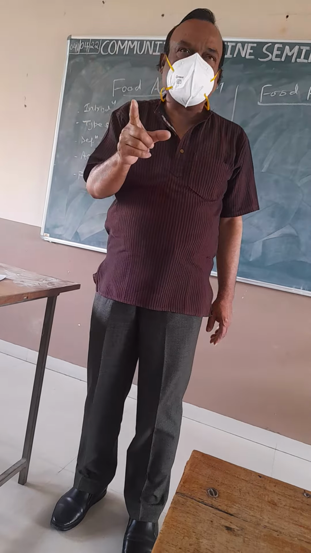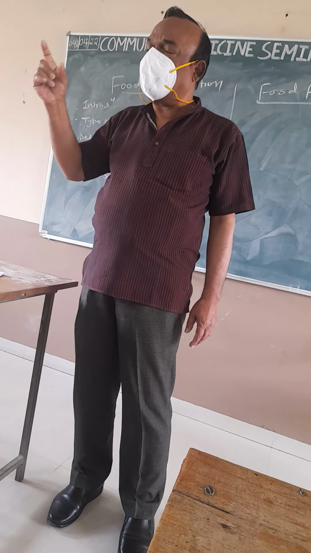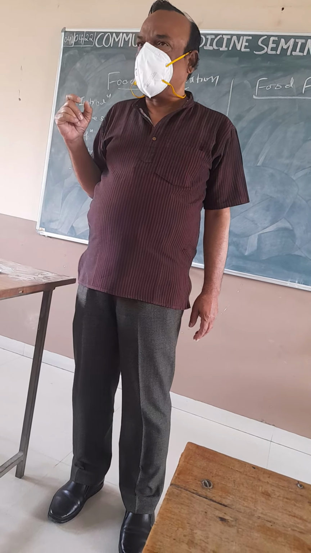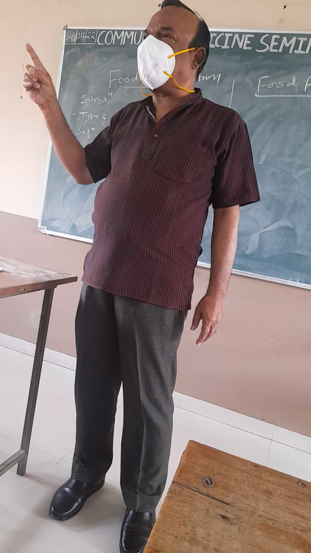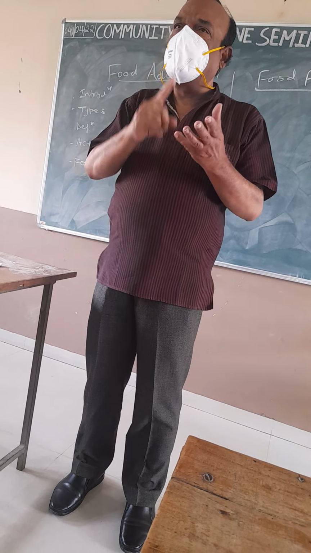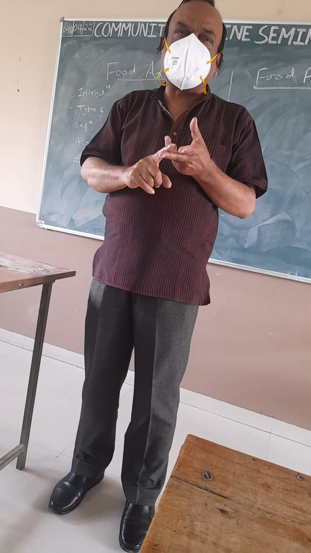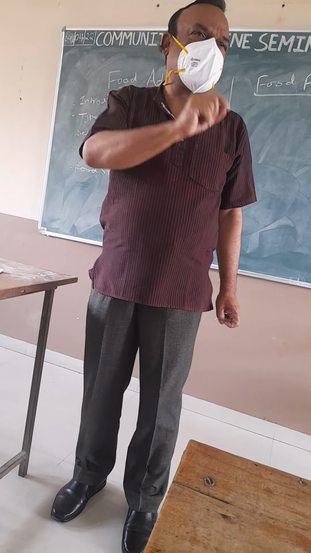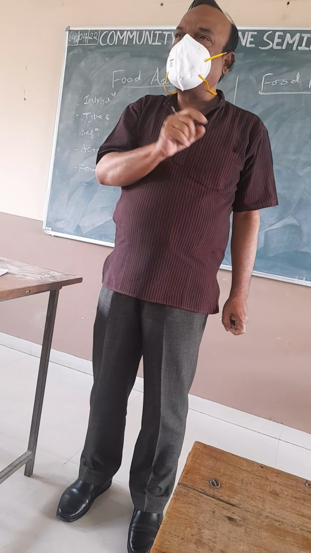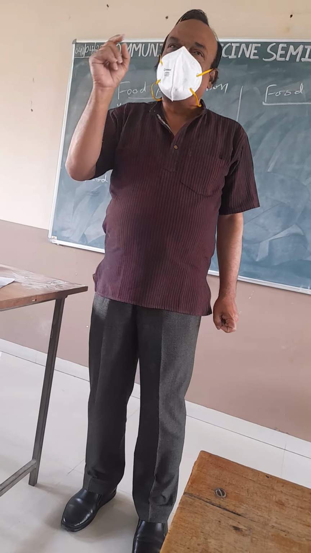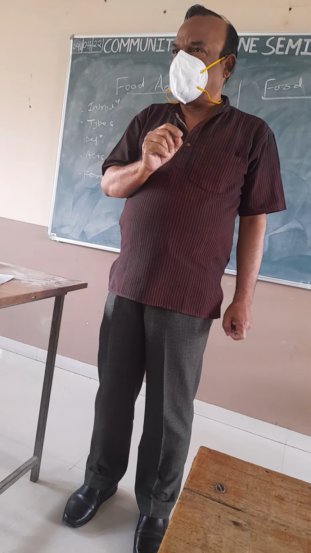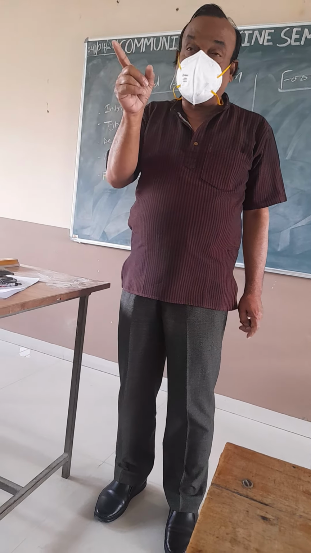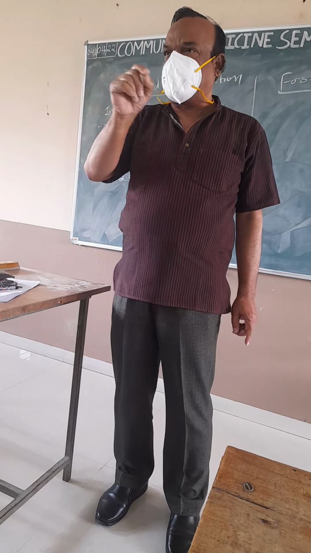So these are a few things that we can add or delete from our day-to-day food material. So additives of first category are saccharine, ascorbic acid, turmeric powder. These are added in small quantities, but they will not prevent any disorders.